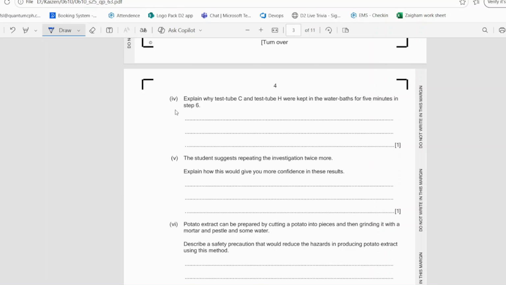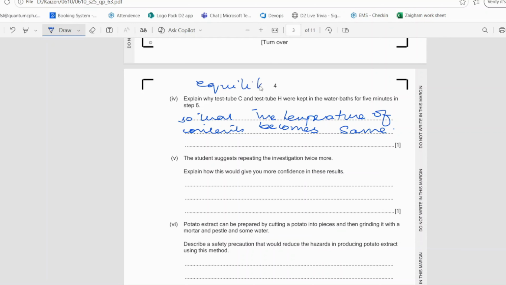So that each part of that test tube would have the equal temperature. So we can write, so that the temperature of all contents become the same. There is another word we use for it, to equilibrate, like it should be at equilibrium.